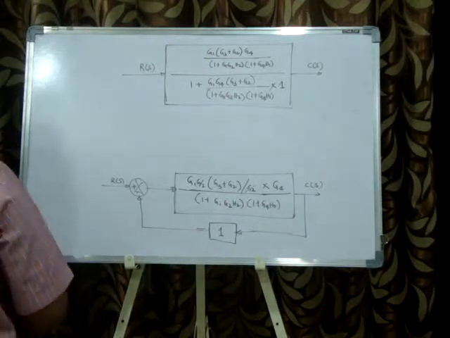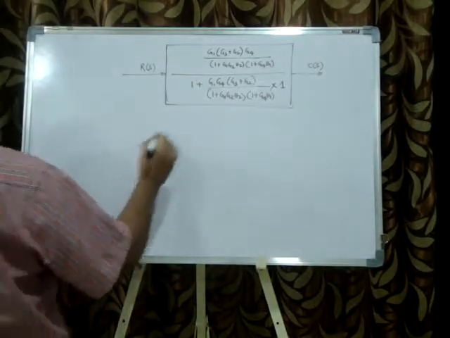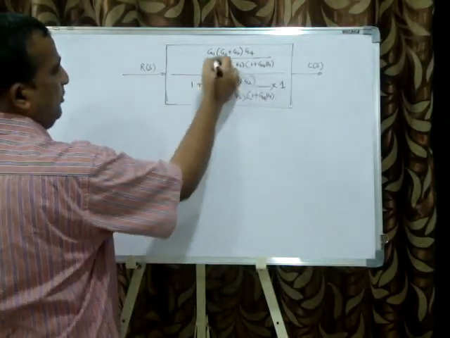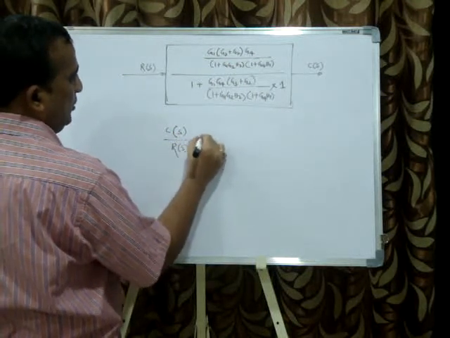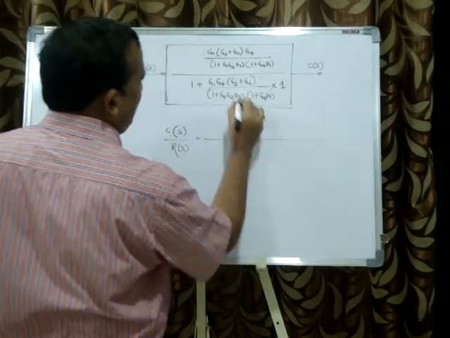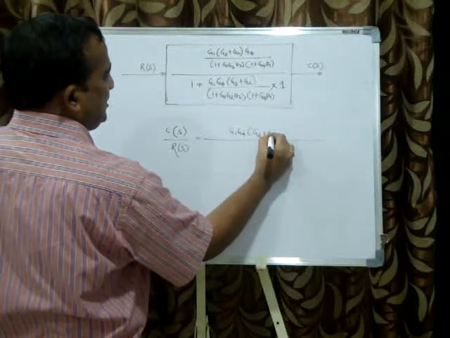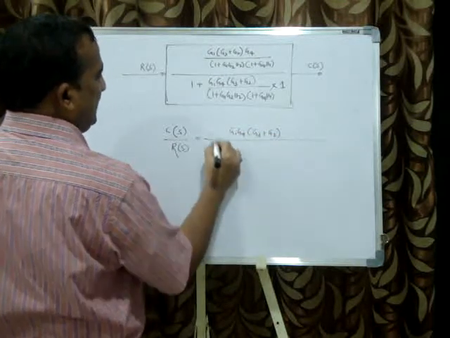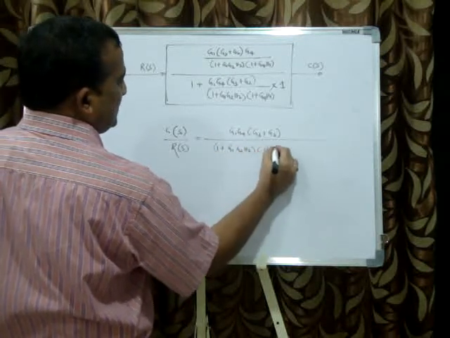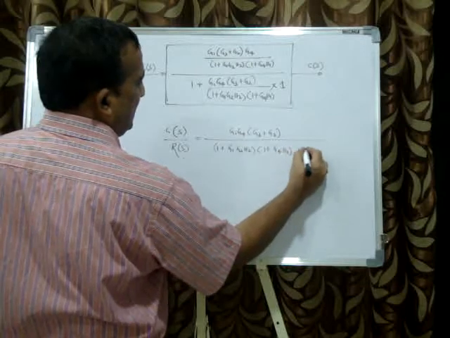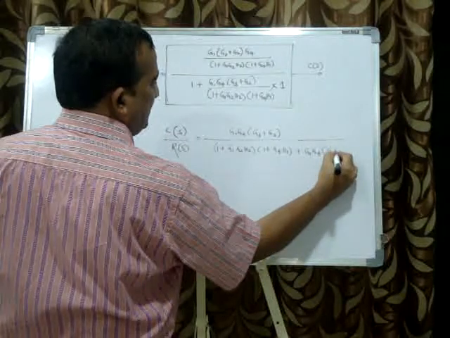Now you take an LCM, and finally I'll write, so if I take LCM, then the below terms get cancelled. C of S divided by R of S equal to, you take LCM, then LCM get cancelled, G1 G4 G3 plus G2 divided by 1 plus G1 G2 H2 and 1 plus G4 H1 plus G1 G4 G3 plus G2.